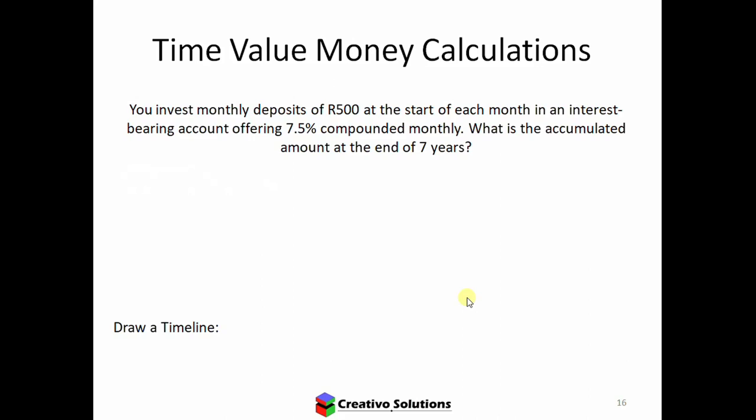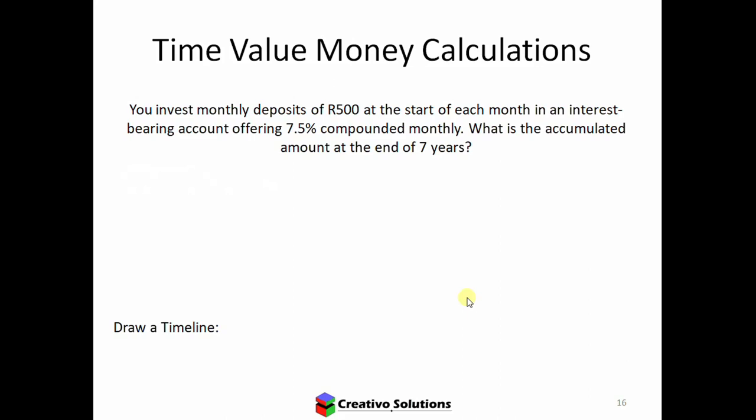So you're looking for things like N, things like I, and any potential payments. This is a question for you to practice, to see how well you can cope with these time value of money calculations. They should be very easy. All you have to do is grab your financial calculator, insert certain values into it, and then solve for the missing or unknown figure.